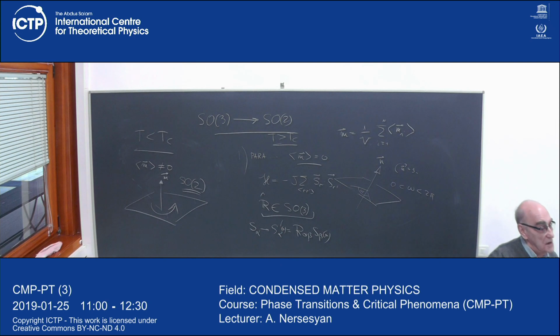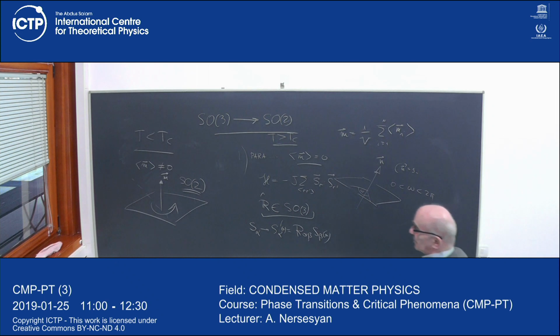The system has already chosen its ordered state, right? So the stable phase does not share the same symmetry with the Hamiltonian, with the free energy, for instance, right? Hamiltonian, free energy, it's just equivalent notions. The symmetry becomes lower. That was one of the most important observations by Landau. And it will play a very significant role in what follows.